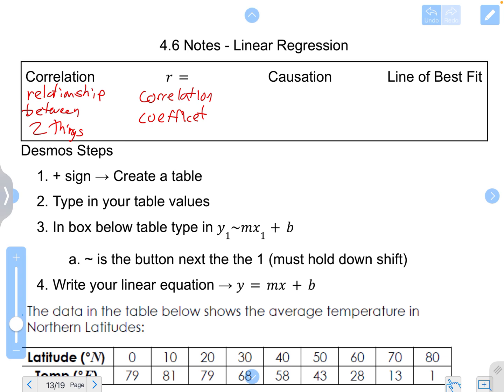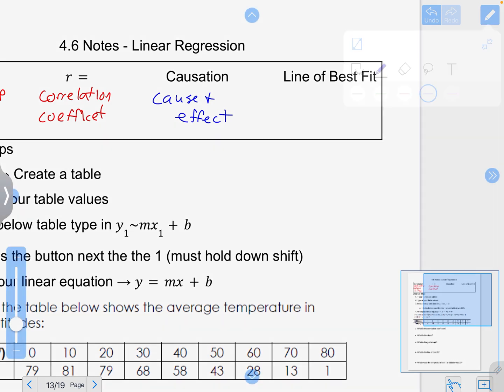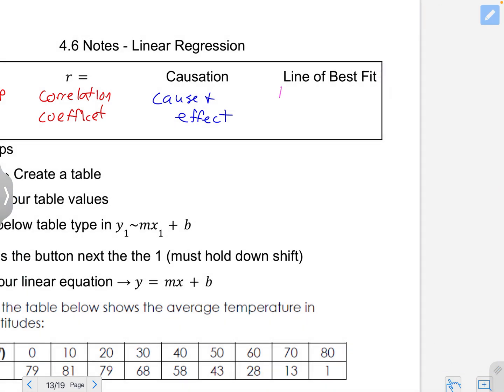It tells us if the data has a strong, weak, positive, or negative correlation. Causation is cause and effect. And our line of best fit is going to be the line in the middle of the data.